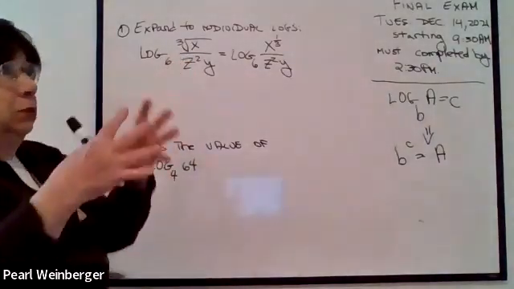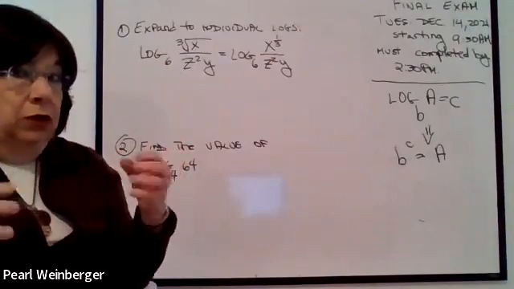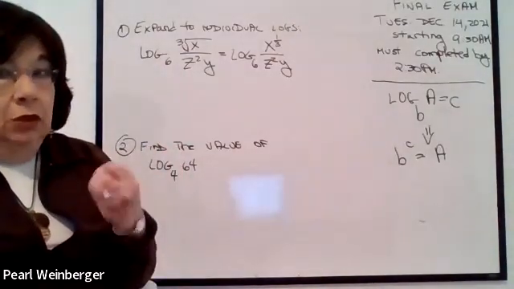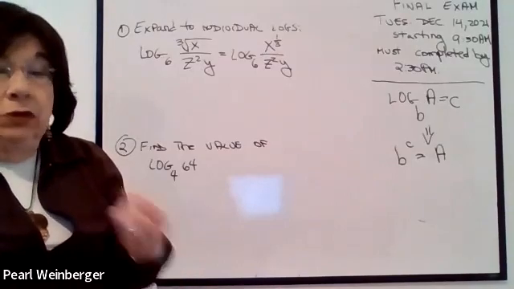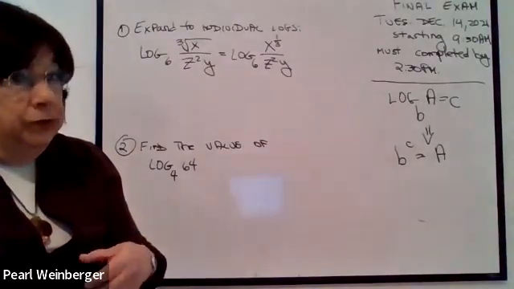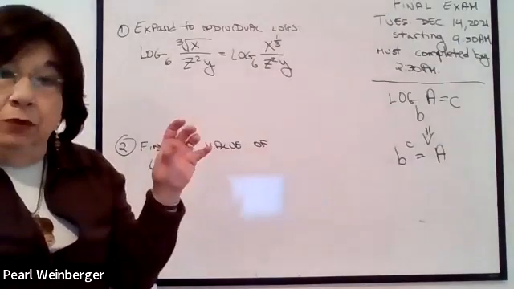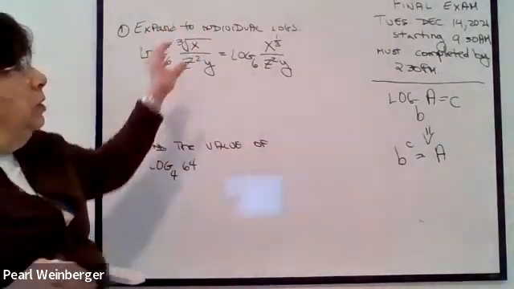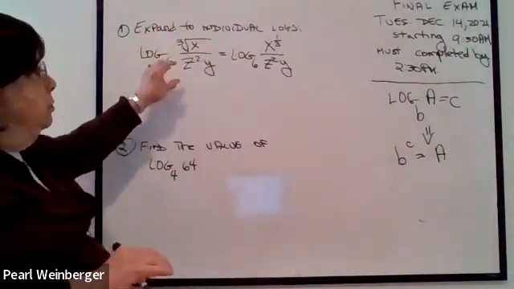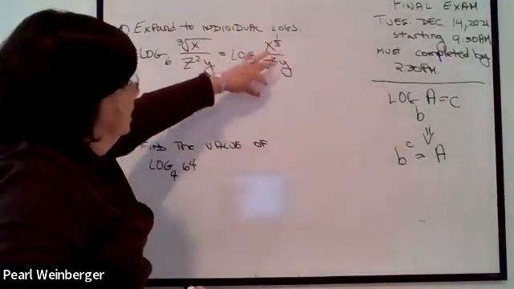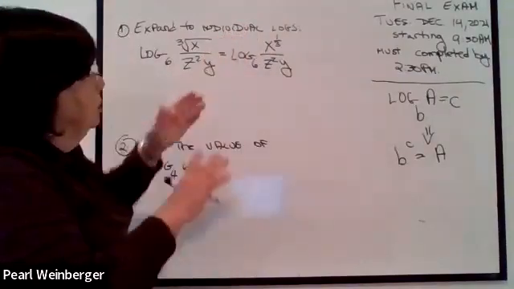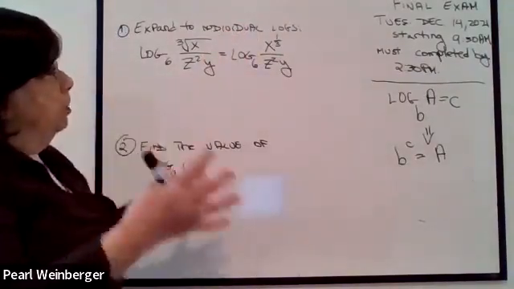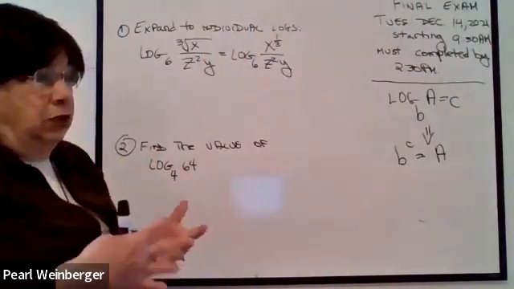So when we're multiplying numbers, we know we add the exponents, so that when we're multiplying numbers, we add the logs. And when we're dividing, we subtract. And when we have exponents, we multiply by those exponents. So when I want to expand an expression in terms of logs, the first thing I do is look for any multiplication and division.